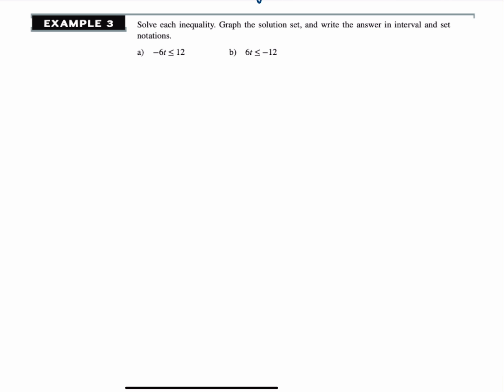So for A, we have negative 6t is less than or equal to 12. So notice if we want to solve this, we have negative 6 times t. We would want to divide both sides by the negative 6.